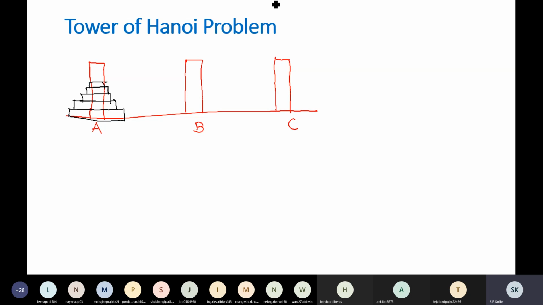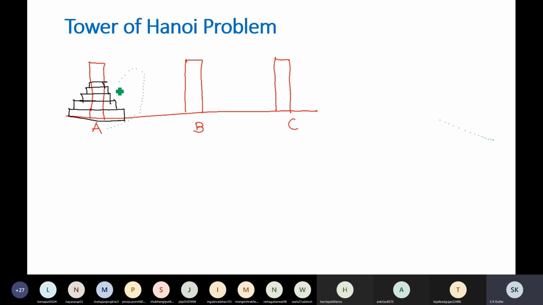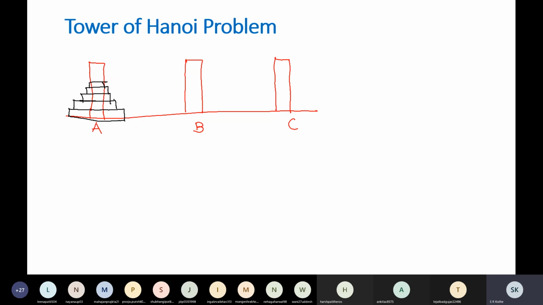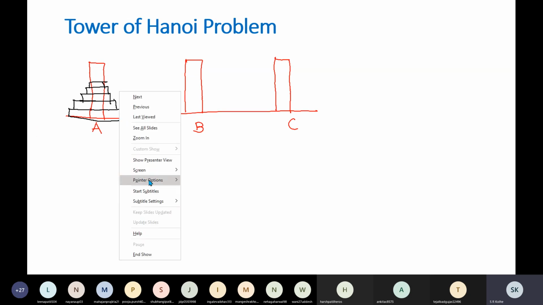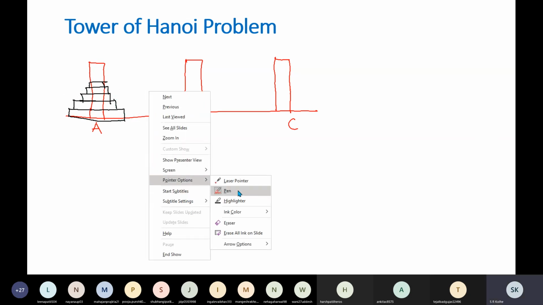There are certain constraints defined here. Those constraints are that you have to move one disk at a time, and a larger disk can never sit on a smaller disk. Okay, these are the two constraints.